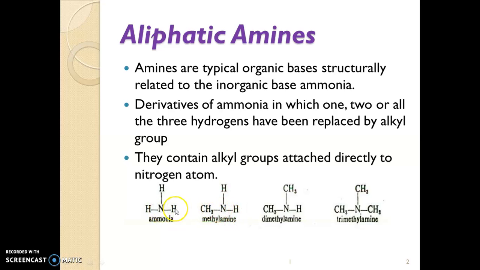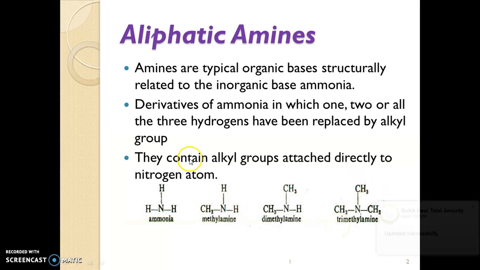So we can compare these structures. This is the structure in which 1 hydrogen from the ammonia gets replaced by 1 alkyl group. In this structure, 2 hydrogens from the ammonia get replaced by 2 alkyl groups, and in the third structure, all 3 hydrogens from the ammonia are replaced by 3 methyl groups.